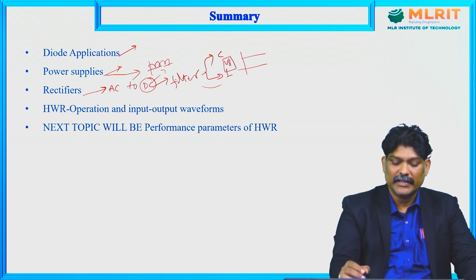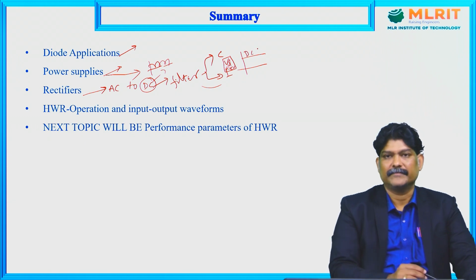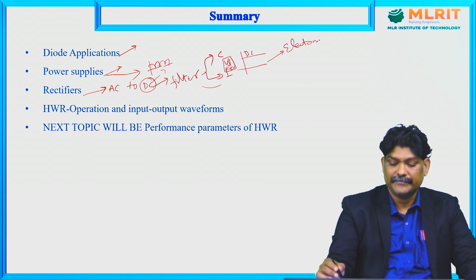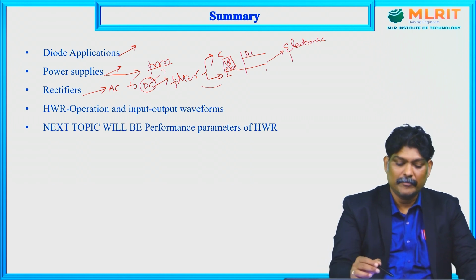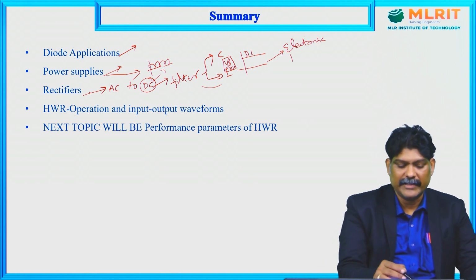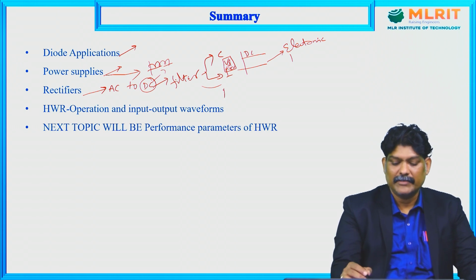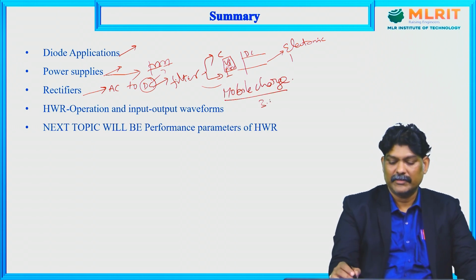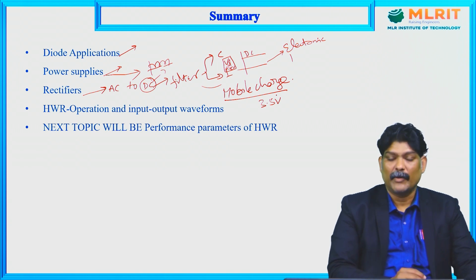This DC can be applied to any electronic gadget. The best example of rectifier application is the mobile charger, where the output is 3.5 volts.